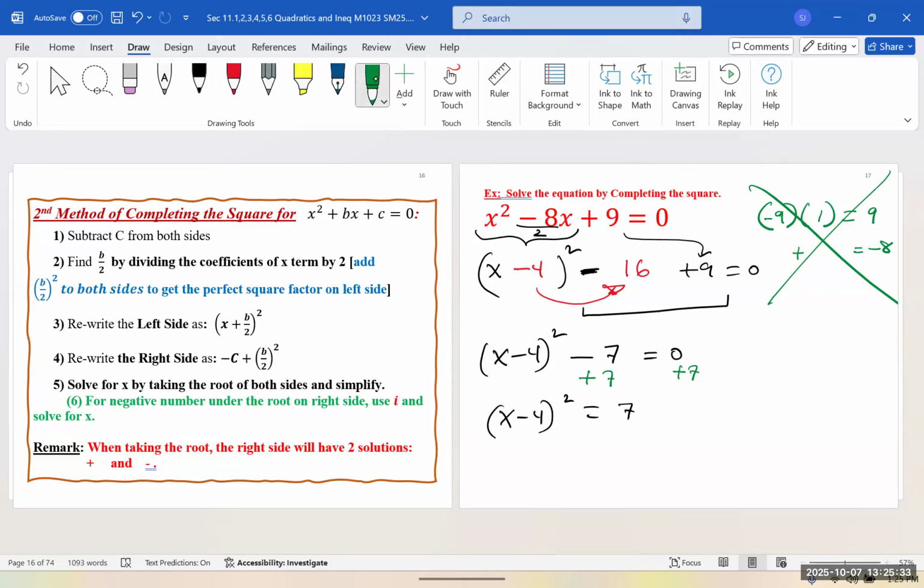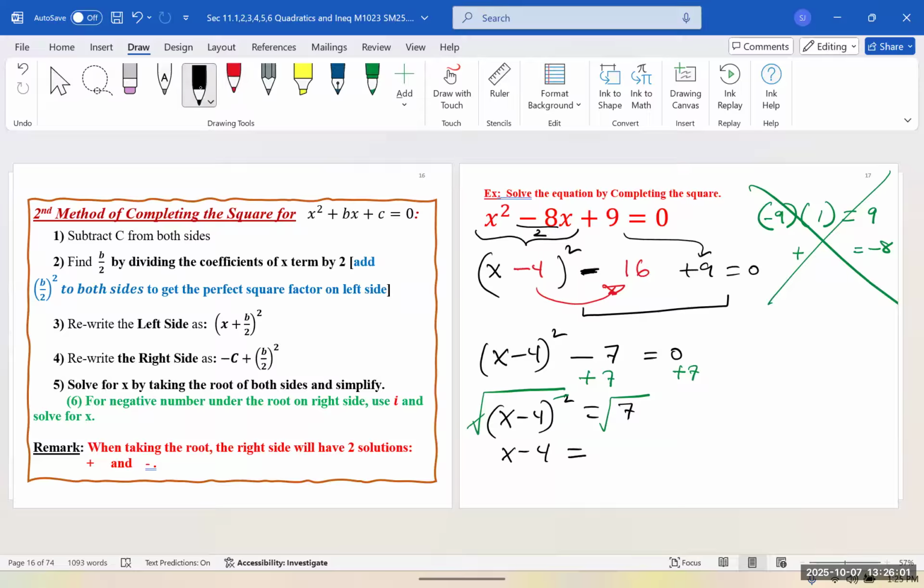And then square root on both sides. So radical and square cancel out. We get x minus 4 equals. What do you get on the other side? When you take the square root on both sides, what do you get on the right side? Do you know what the square root of 7 is? We don't.